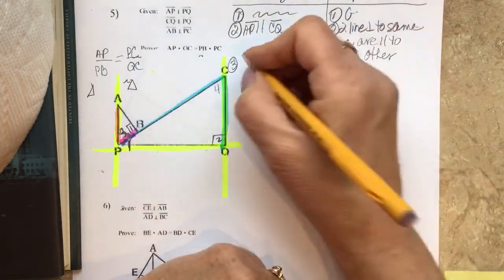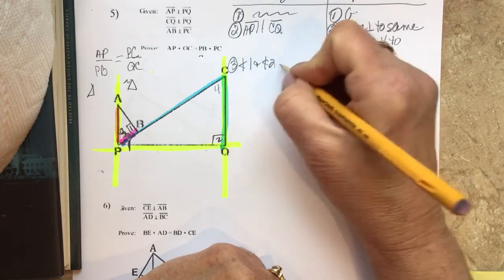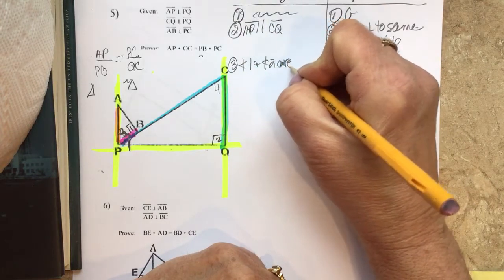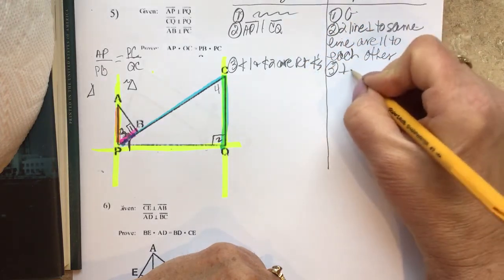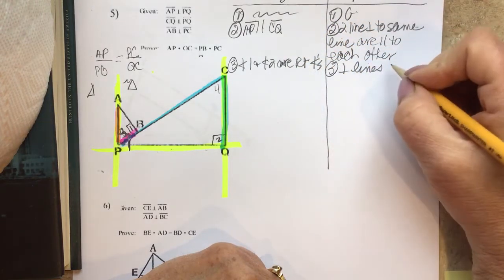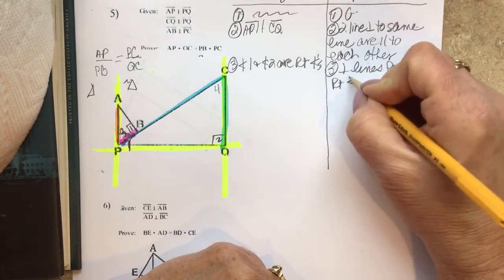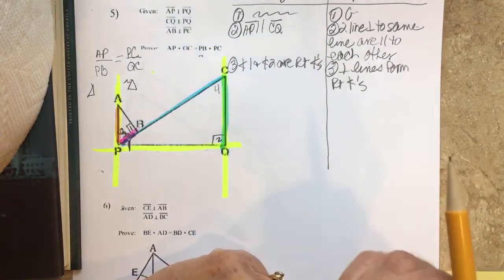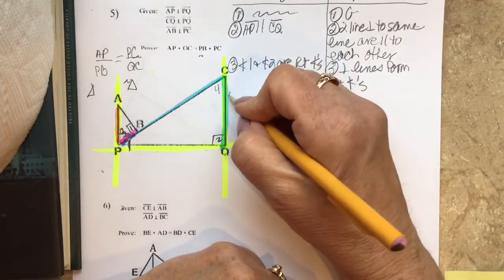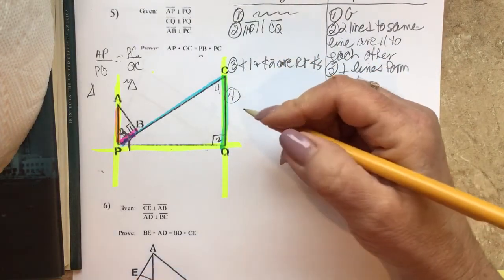All right, angle 1 and angle 2 are right angles. And that's because perpendicular lines form right angles. Notice I actually didn't have to use this angle APQ, so that worked out well. I just used the perpendicular to the same line.